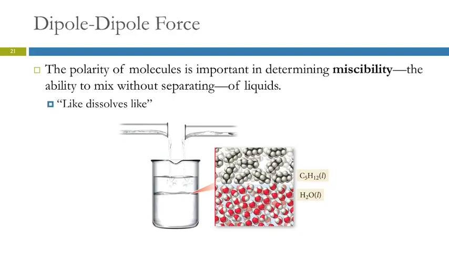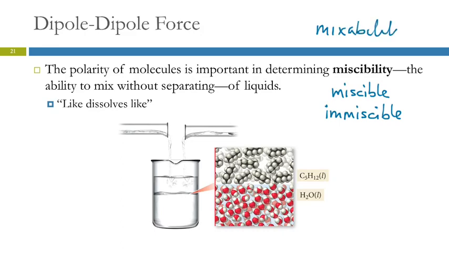The term we use here is miscibility. We say that the two substances are miscible or immiscible. You need to know what that word means. I won't check your spelling on it. Might help you to think of this as mixability.